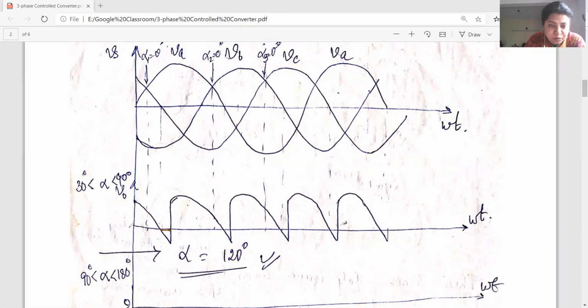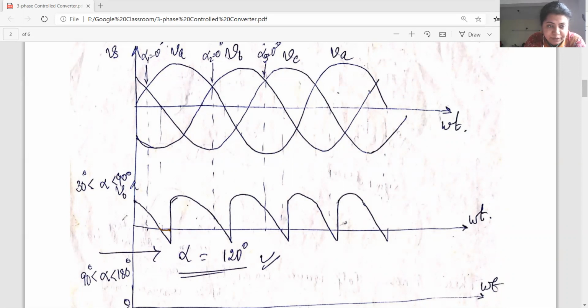The output will go negative because the current will still continue to flow, and the output voltage will be equal to the input voltage as long as the current continues to flow due to the inductive circuit in the load, and we get waveforms like this.